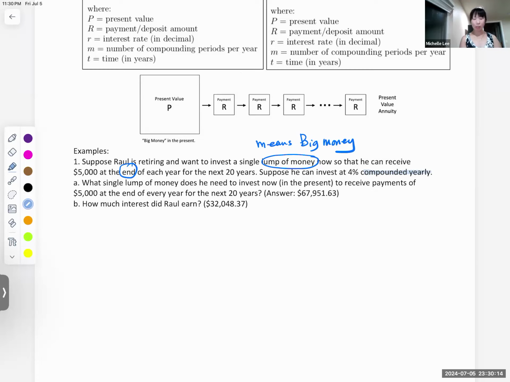That is an ordinary annuity, right? Let me go to the TVM calculator.